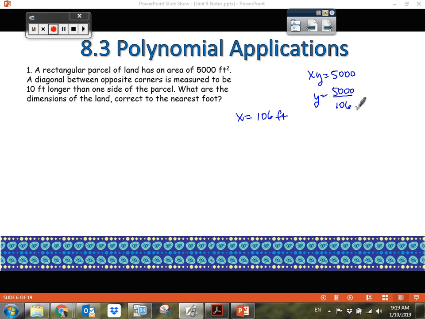And I would leave the decimal in there, round at the end. And I'm going to get 47. So y is 47 feet. So our dimensions are 106 feet by 47 feet. Okay, is that one okay? All right, we have a couple of other examples on the next slide, so let's go to that.